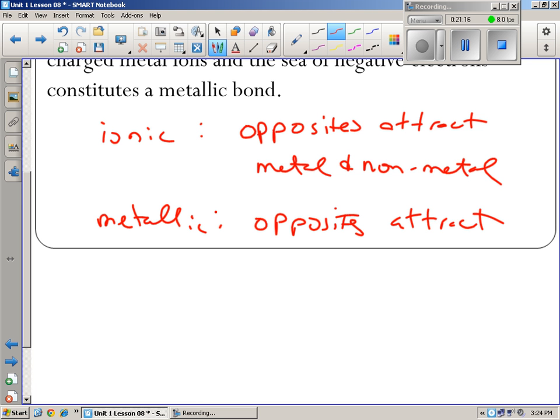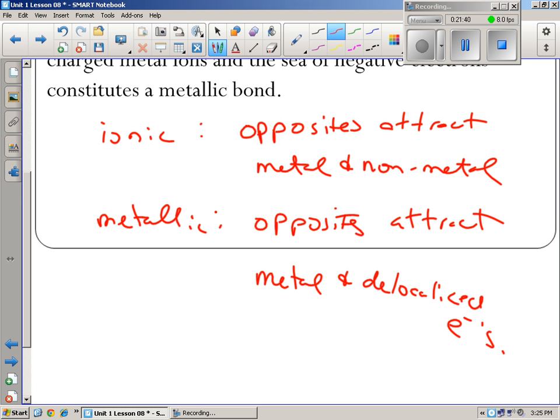Metallic is based on a metal and delocalized electrons. That's my abbreviation for electrons, E with a minus, comma S, electrons. If you want to write out electrons so you know what that is, feel free. Metal and delocalized electrons, that's how they're different.